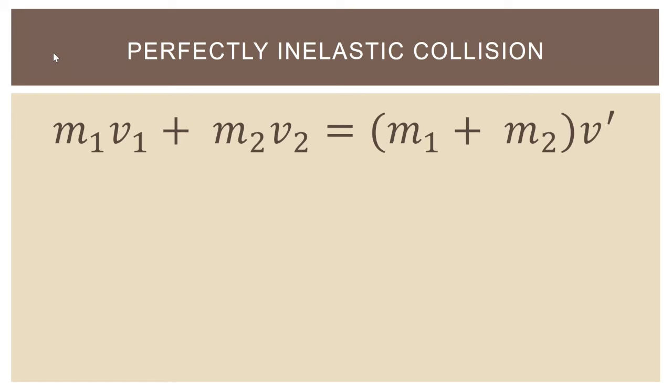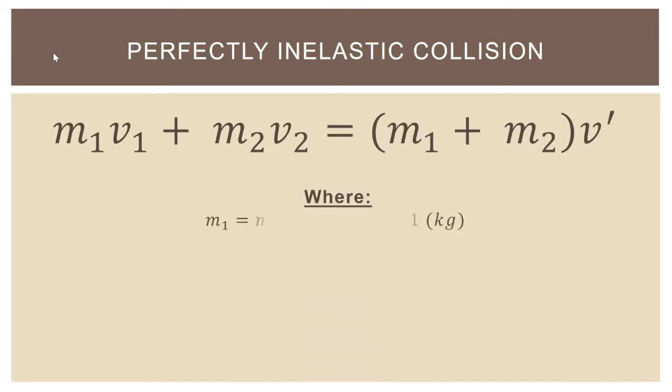What we have on the left-hand side is a totally unchanged equation, m1v1 plus m2v2. That's the momentum of each object individually. But because the momentum of each object at the end is determined by their velocity, and the velocity of the objects is the same, on the right-hand side of this equation we are treating these objects as one unit with a mass equal to the combined mass of both objects, moving along at one velocity, which we're going to call v prime.